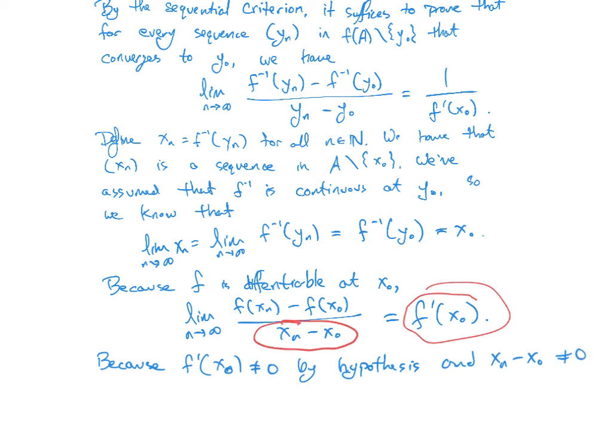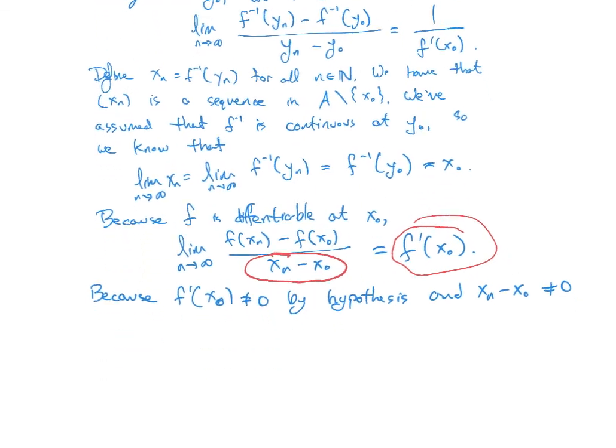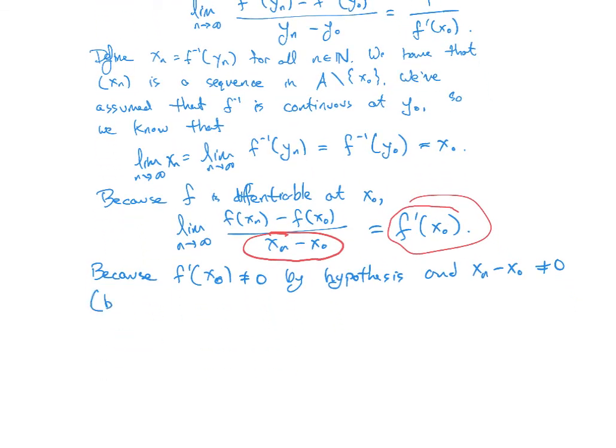So none of the xn's are equal to x naught, so that's not zero. One of the limit rules was that for a limit of a fraction whose denominator is never zero, the limit of the reciprocal is the reciprocal of the limit. Sorry, I realize I'm a minute over, but we're going to finish this in about 2 more minutes, I hope.